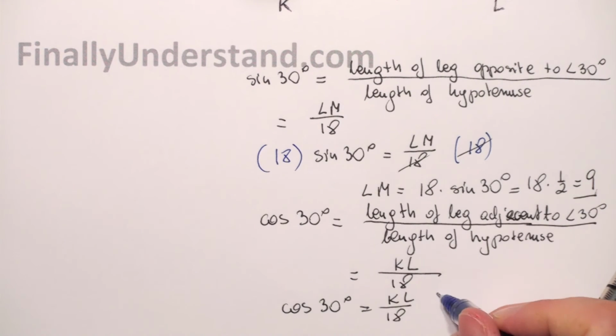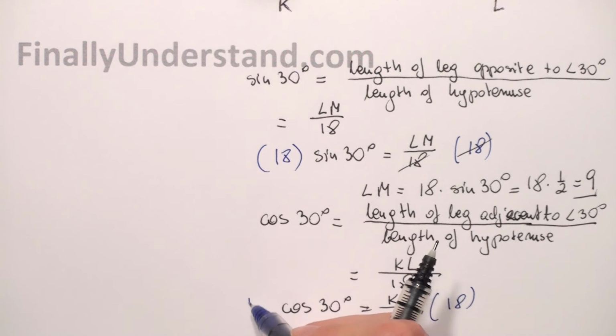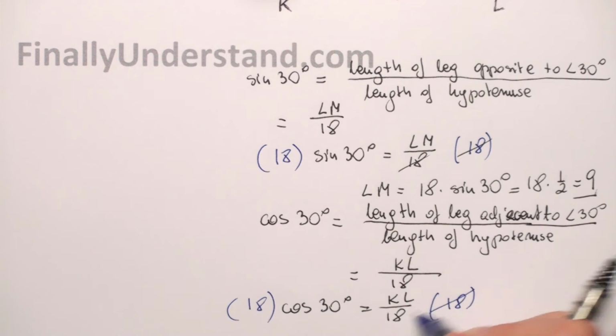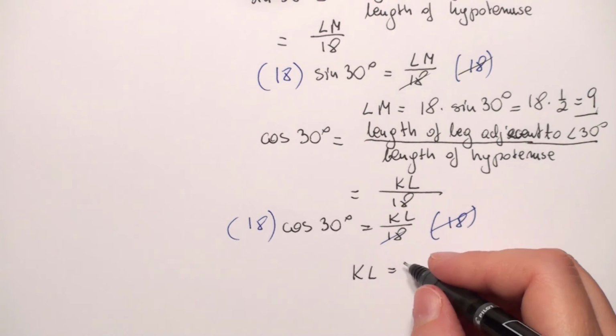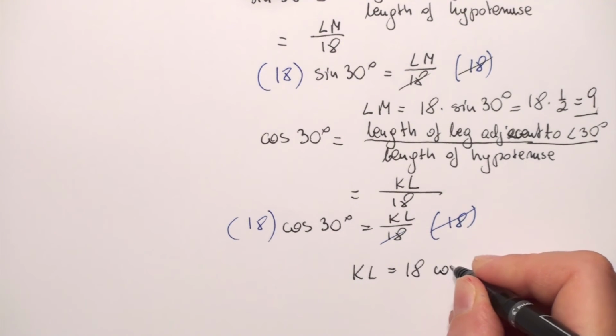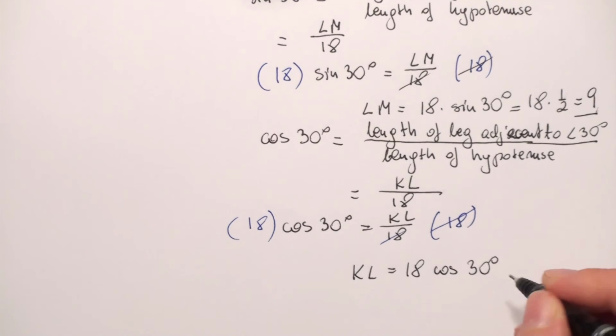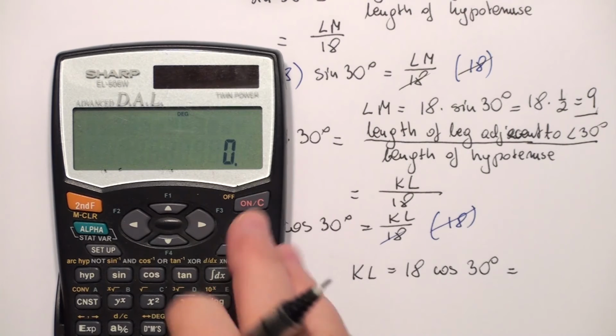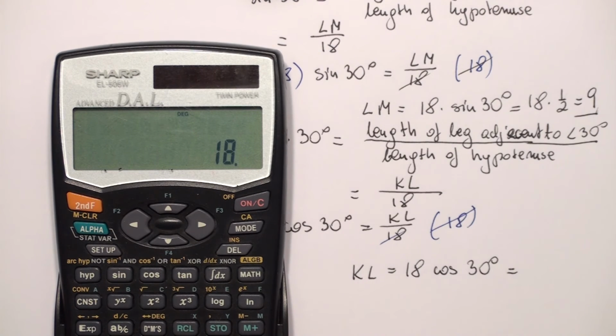We will multiply both sides by 18 to reduce the denominator. And we have that KL is equal to 18 times cosine 30 degrees. So this is equal, we can use a calculator, 18 times cosine 30 degrees.